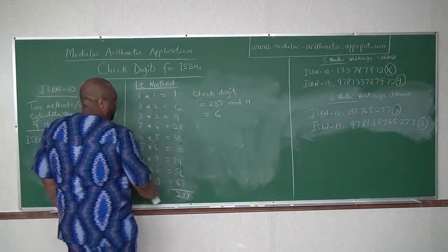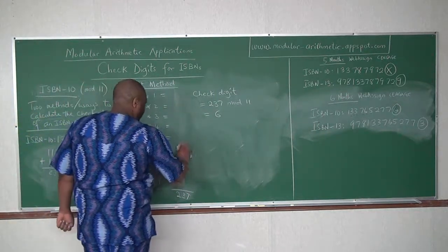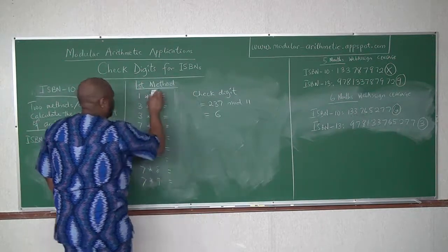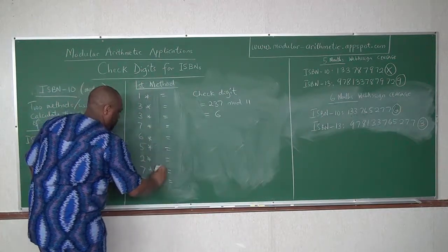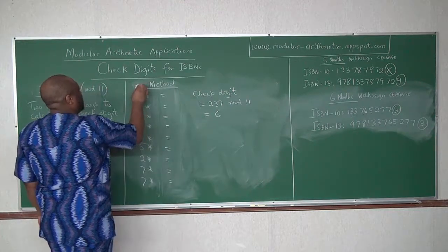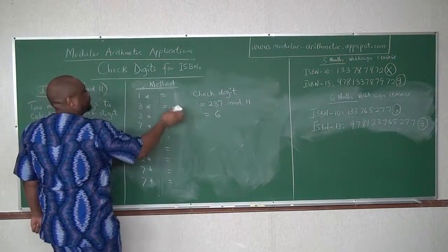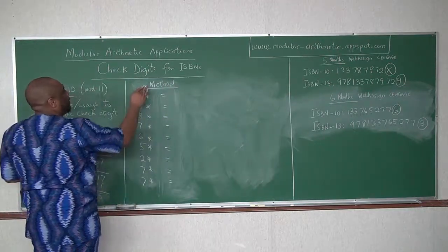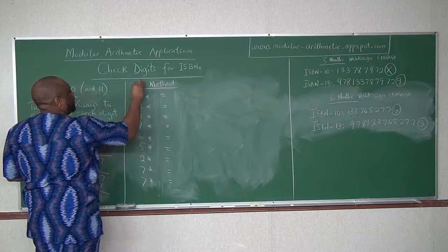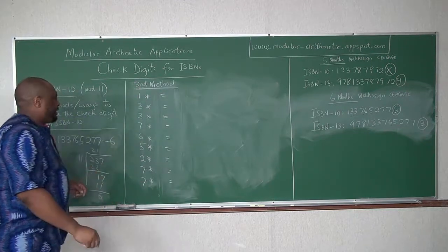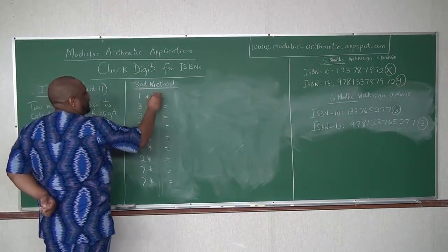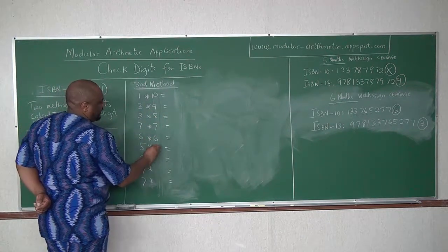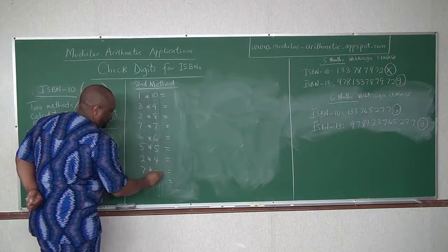Then the second method. We have it this way. For the second method, we multiply this by 10, 9, 8, 7, 6, 5, 4, 3, 2.